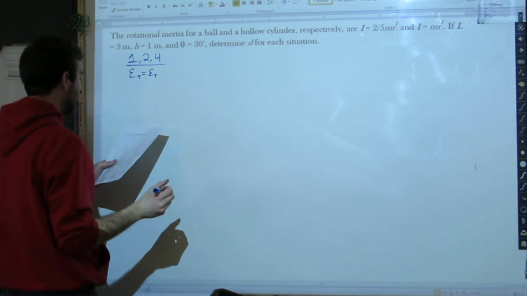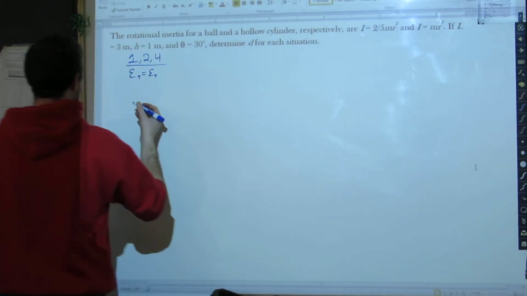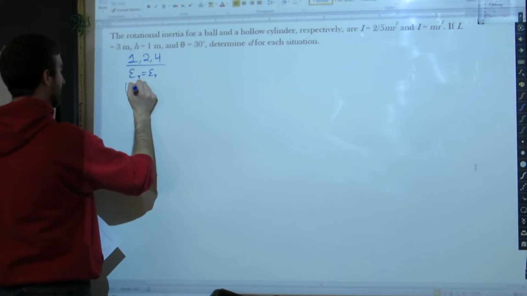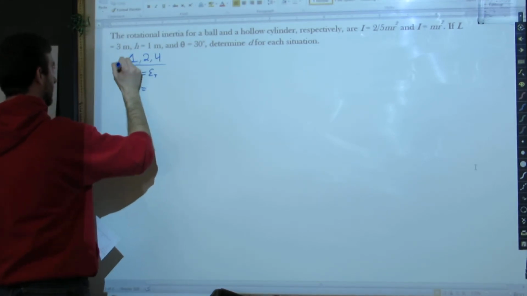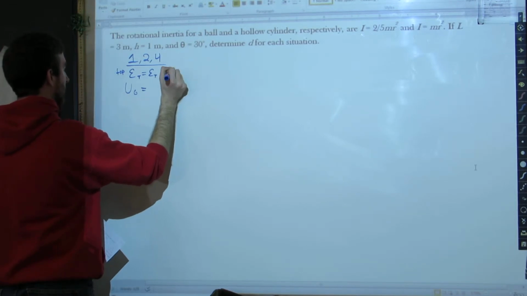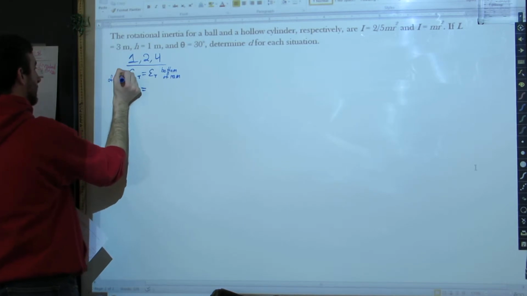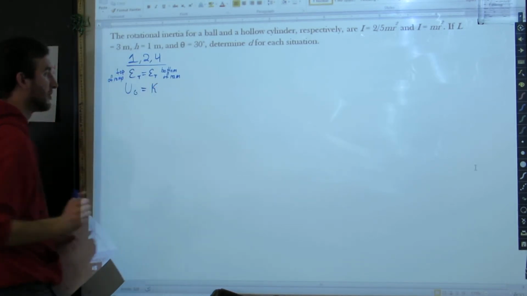We start with E total equals E total. For 1, 2, and 4, the ones that don't rotate, the ones that don't roll as they make their way down, at the top they had gravitational potential energy. And at the bottom of the ramp, they have kinetic energy.